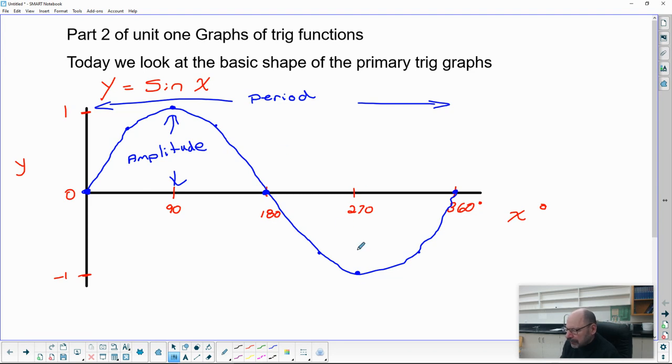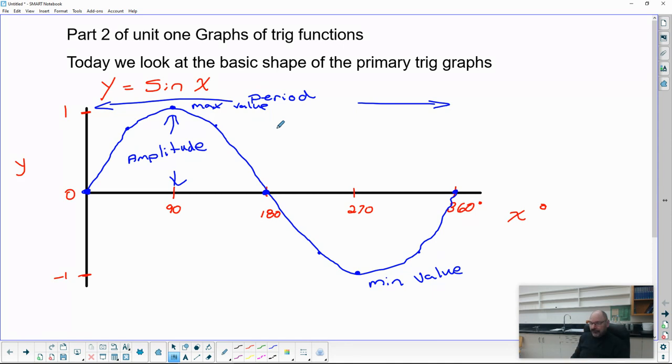Or it could be here too, right? This is our minimum value. And this is our max value. So that's the basic shape of the sine graph.